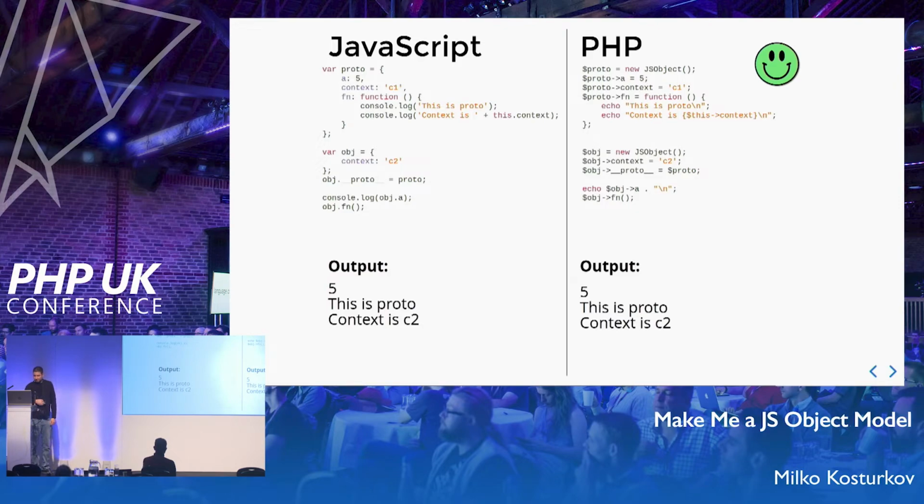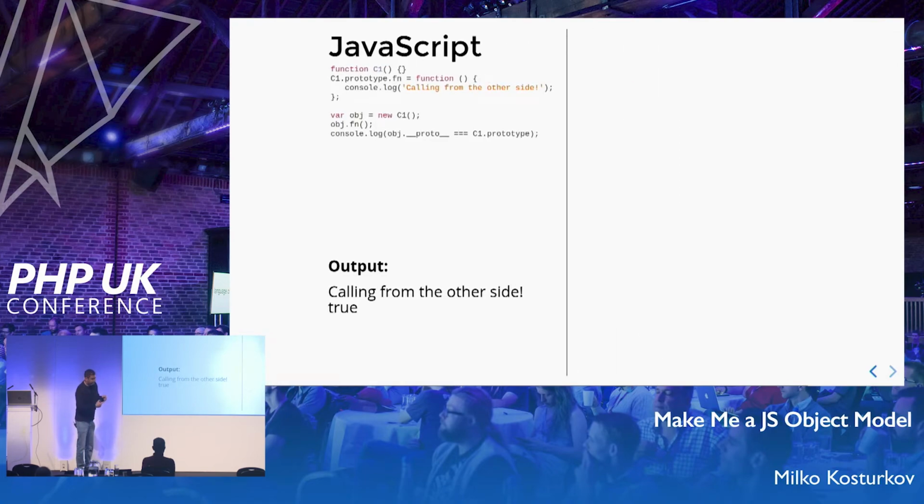One more thing about the prototypes. We have constructors. We have object prototypes in our small evil library. But we need to combine them. Because you see, in JavaScript, when you have a constructor function, the functions have this property called prototype.